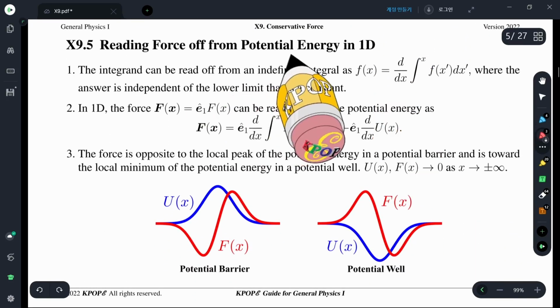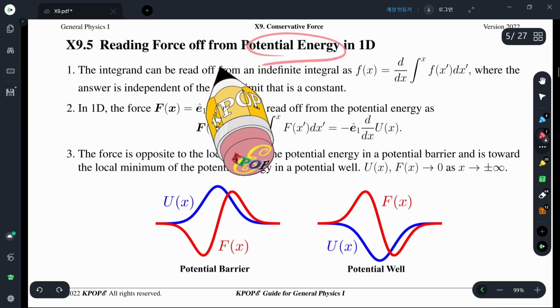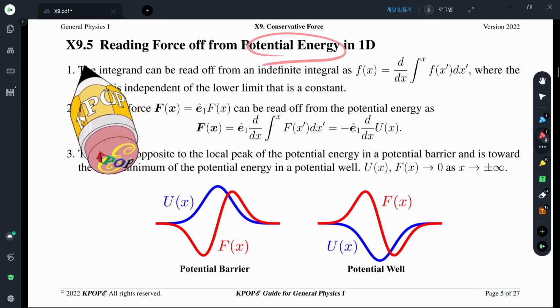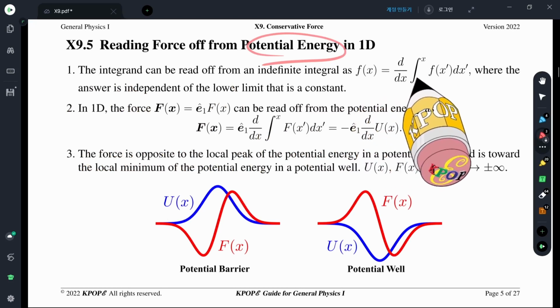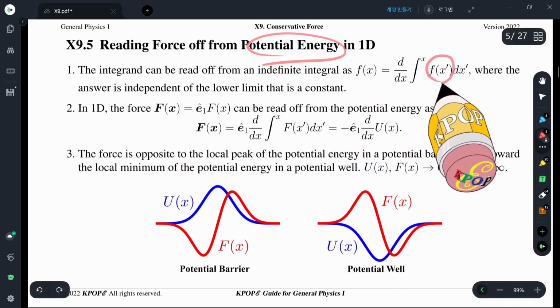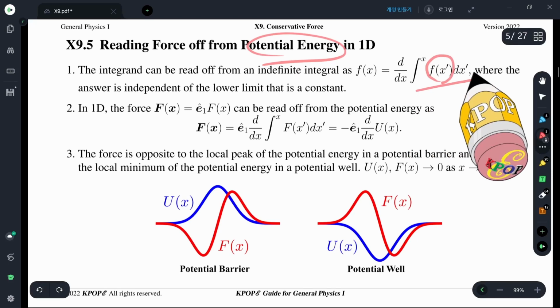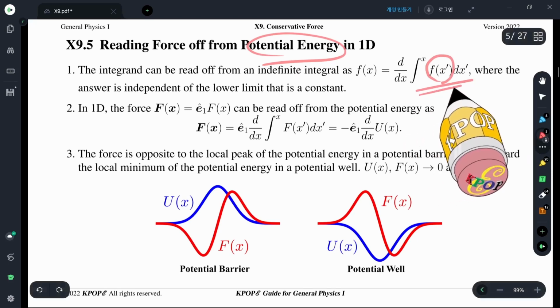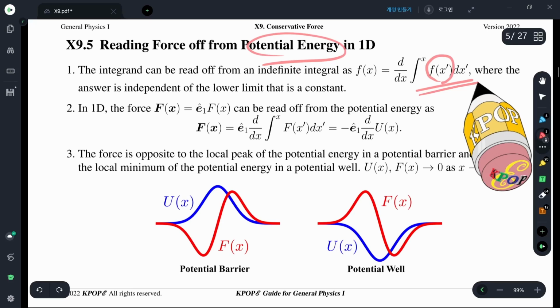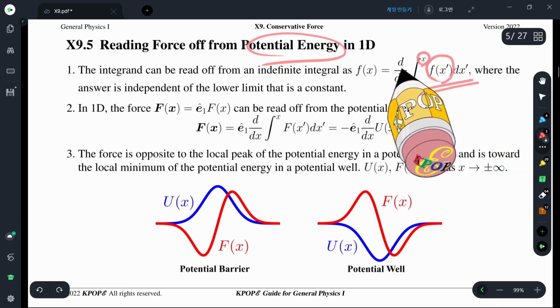Reading off force from potential energy is also possible because we find the integral. After evaluating the integral, the upper bound is a free variable x.